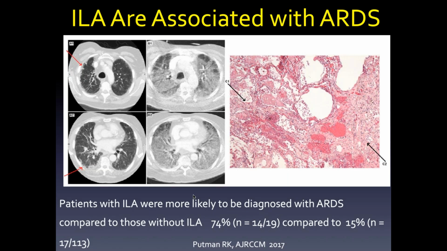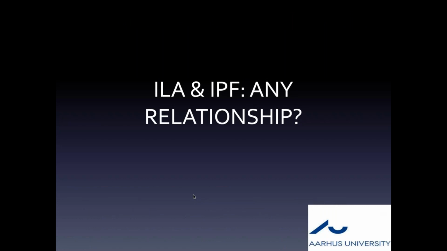And this is another important element that links fibrotic ILA to IPF. So the question is, is there any relationship between interstitial lung abnormalities and idiopathic pulmonary fibrosis?